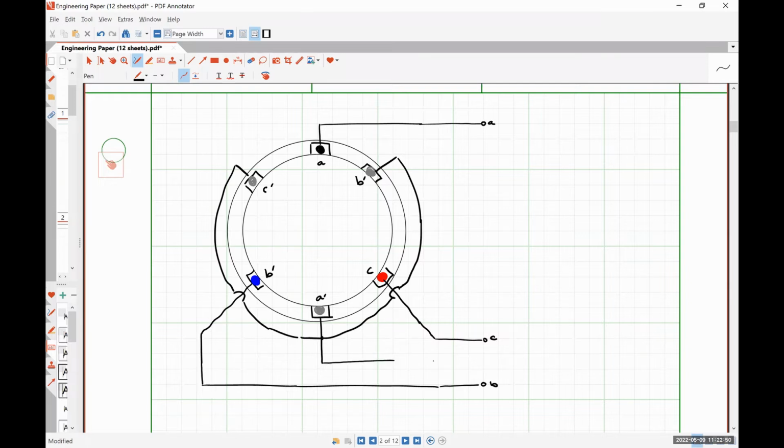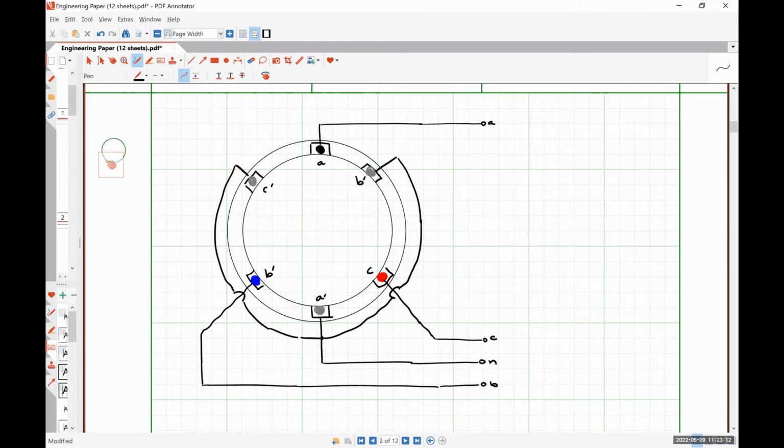And then I'm going to run this out here to the middle. That's going to be my neutral connection. So this is effectively a very simplified picture of how the stator is wired up.